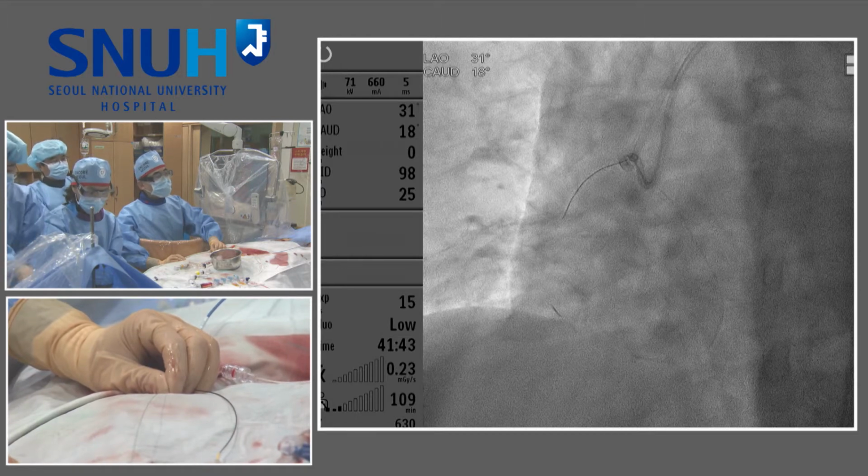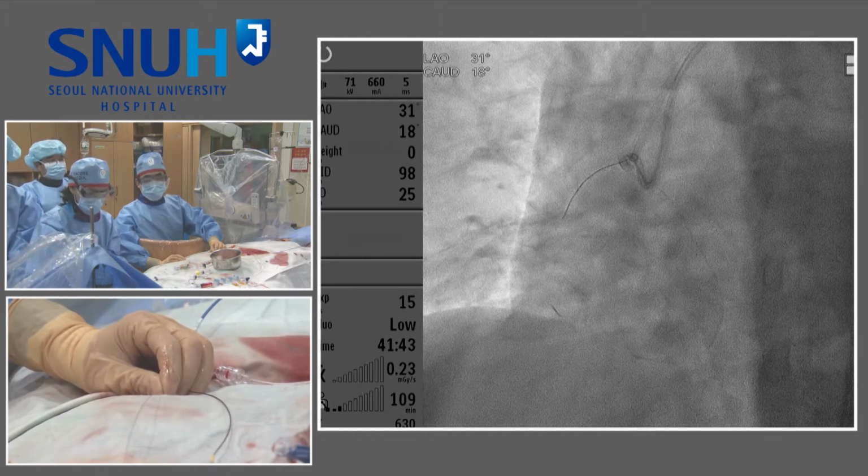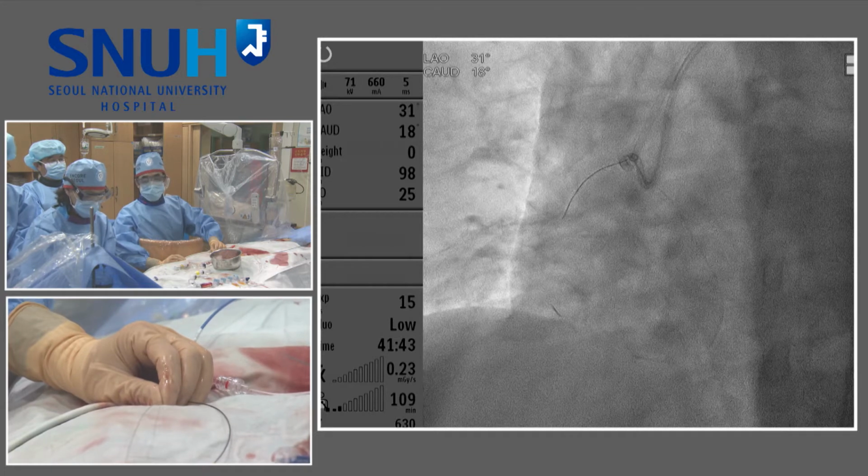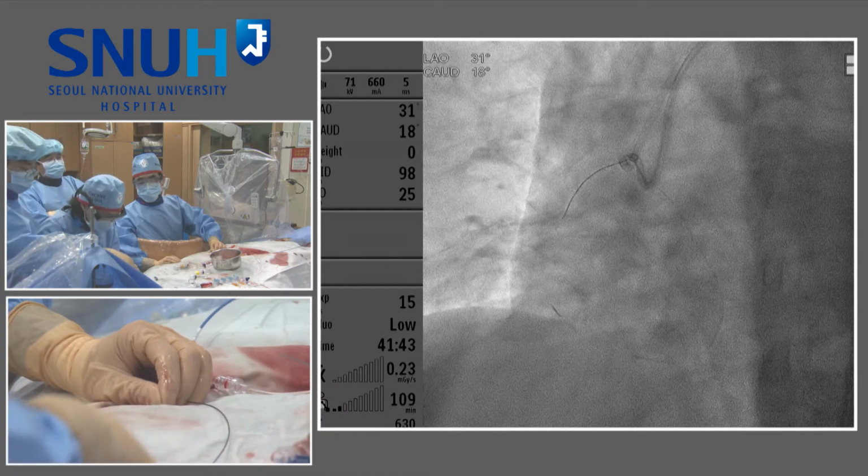Thus, the ping-pong technique is more appropriate for left main. The ostium is narrow.